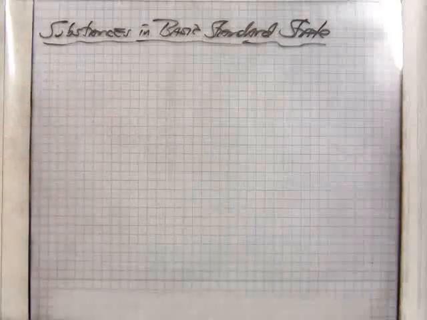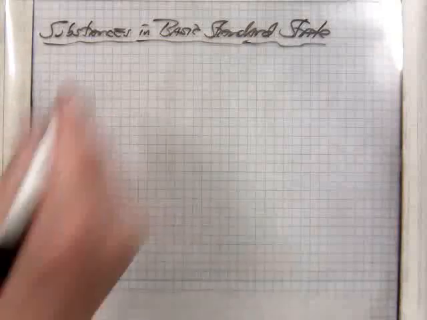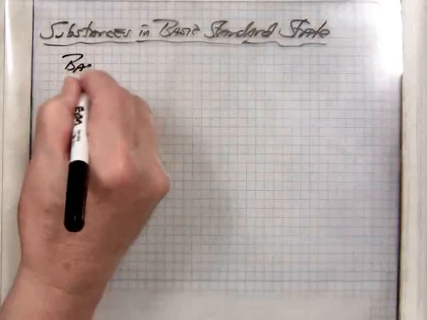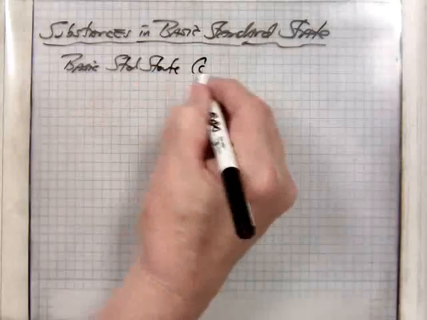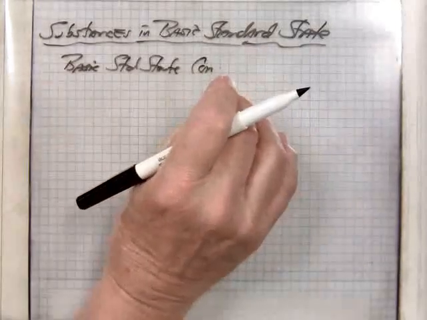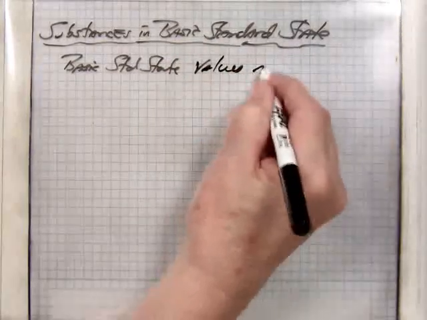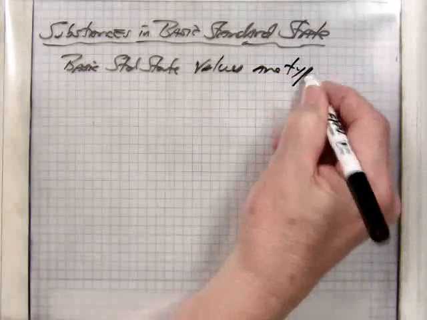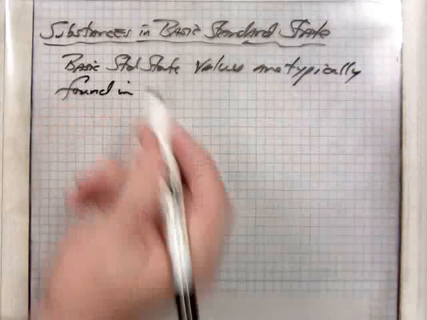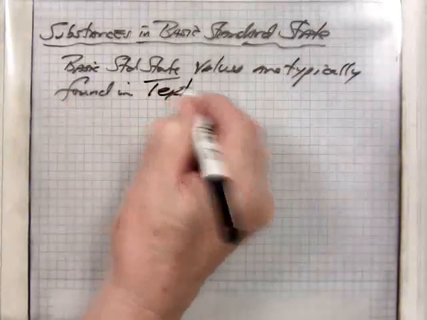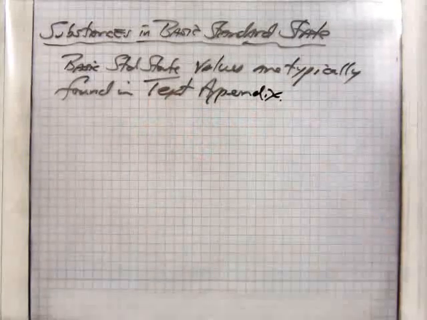Basic standard state conditions, or state values, are typically in text appendix.